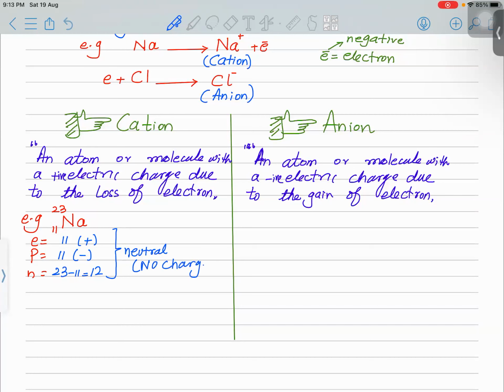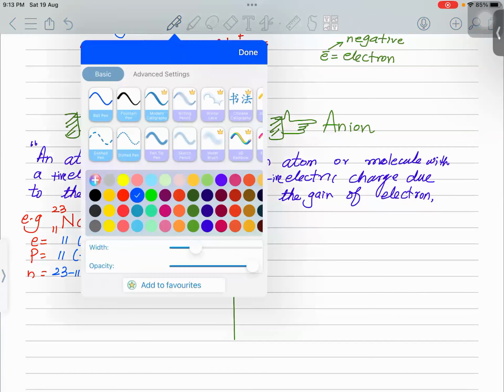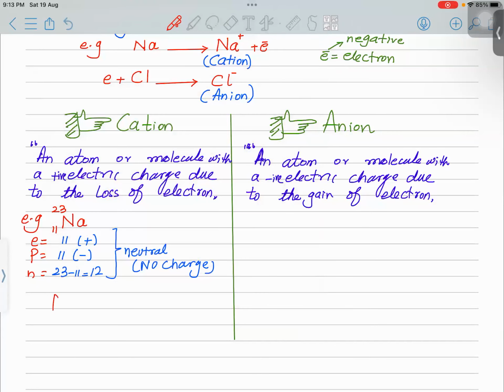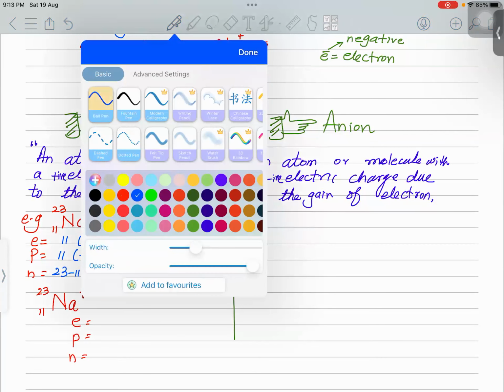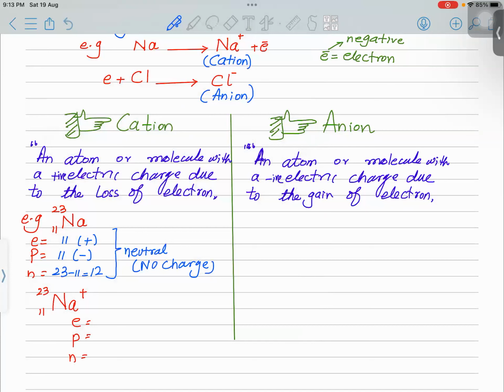Now look at another example, Na positive, 23, 11. Now tell me electron, proton, and neutron. Sir, here the electron will be 10.